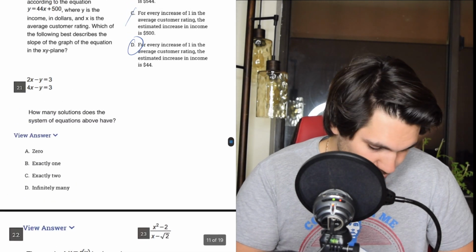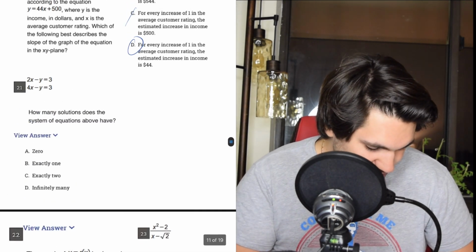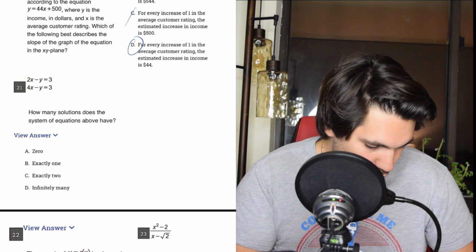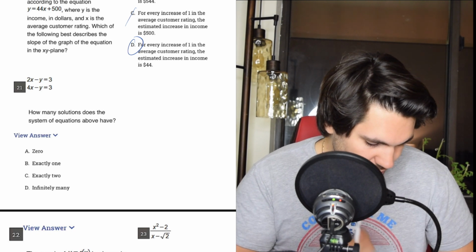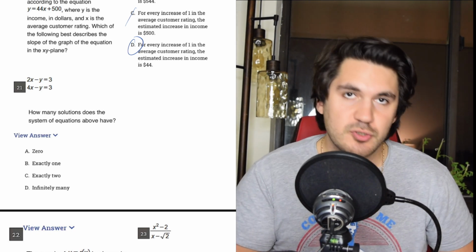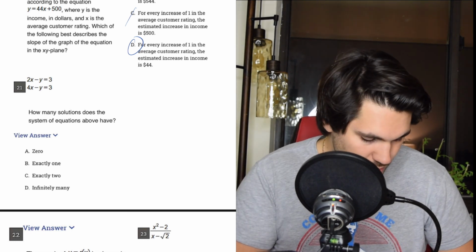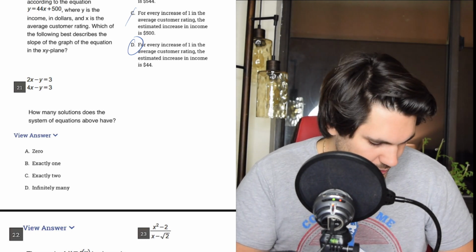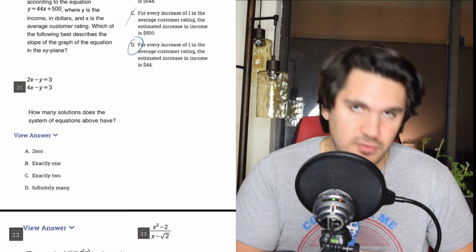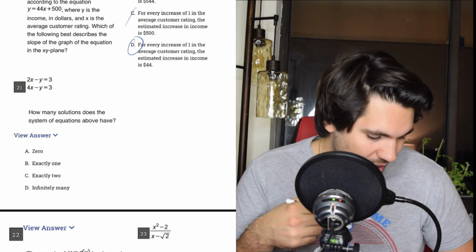Oh, almost skipped 21. How many solutions does the system of equations above have? Okay, well, let's try to solve it. So what we could do is subtract the two equations from each other and see what we get. I'm going to subtract the top equation from the bottom equation.